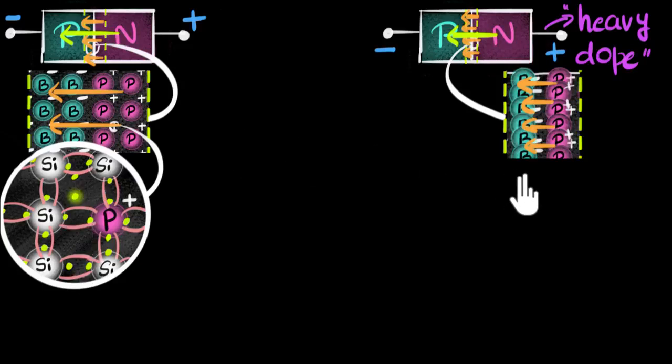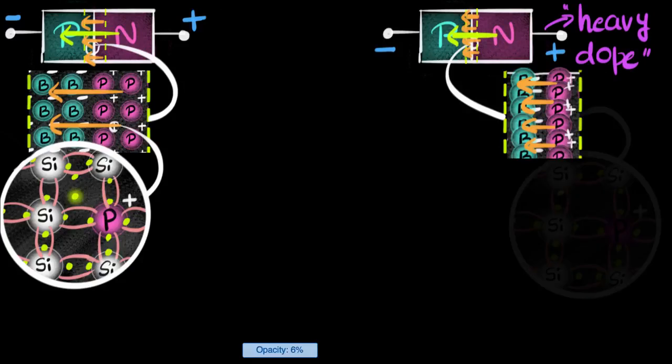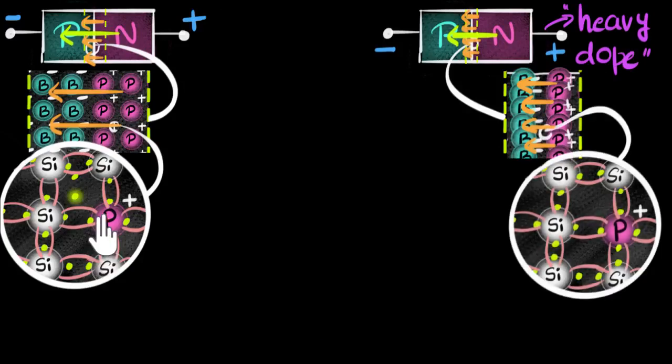But what happens over here in a heavily doped diode? Well, if we zoom in, the structure is pretty much the same, but the chances of a free electron knocking any of these electrons loose is very tiny. The reason is that the depletion region is very tiny, so the probability is very small. However, something totally different happens.